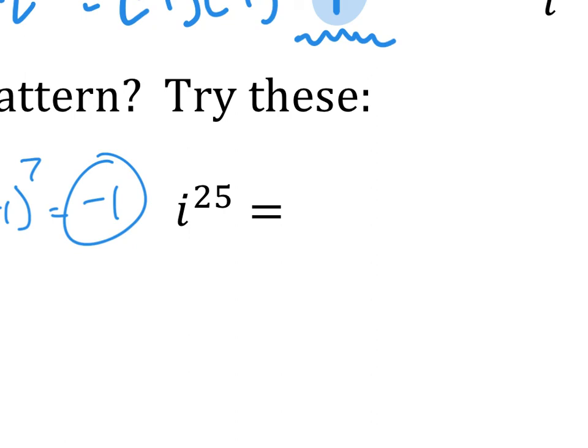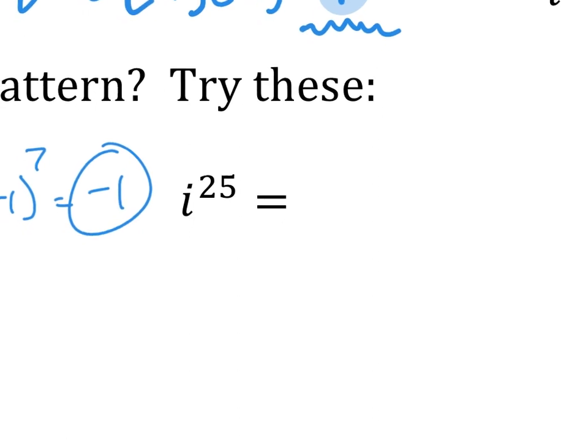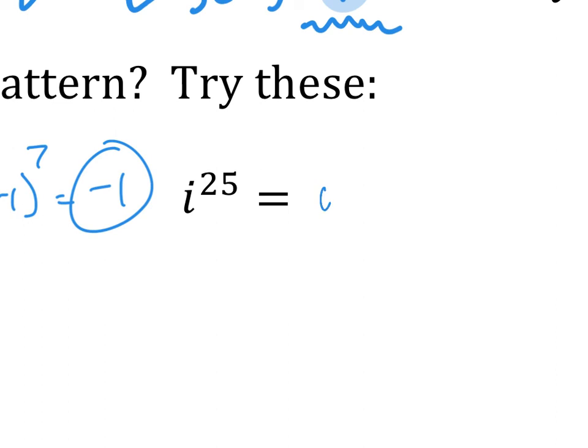I to the 25th, well, we're going to have to write it as I to the 24th times I. Why? Because I to the 24th is I squared to the 12th, right? Why do we care about that?